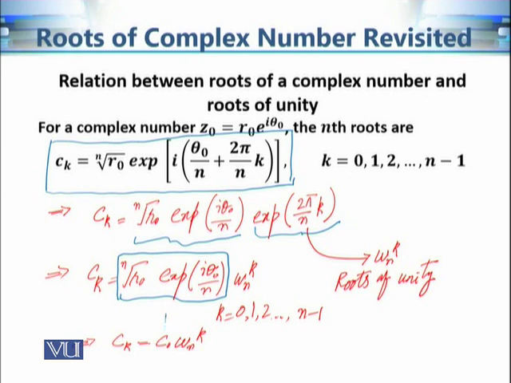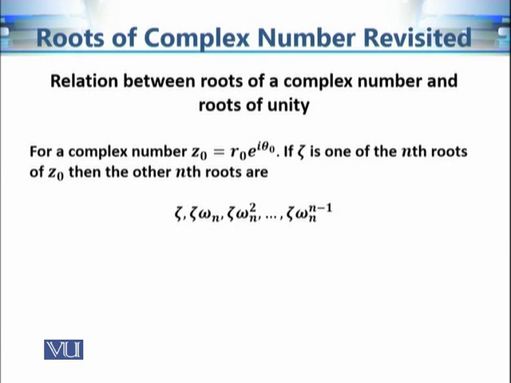Let's call it c0. But the rest of the nth roots of this complex number can be obtained by multiplying the nth roots of unity with this c0. So if we know the nth roots of unity and just one nth root of a complex number z0, then we can calculate all of the nth roots of the complex number.